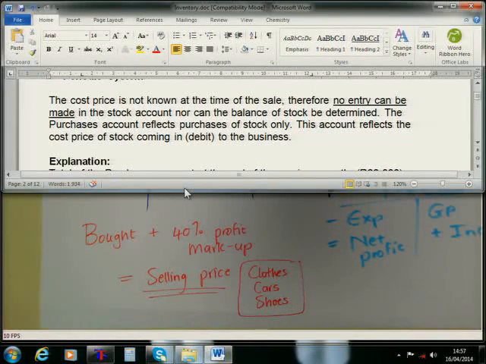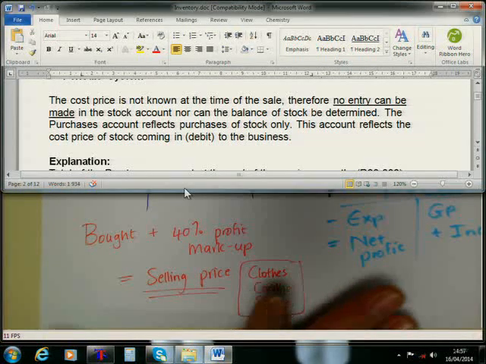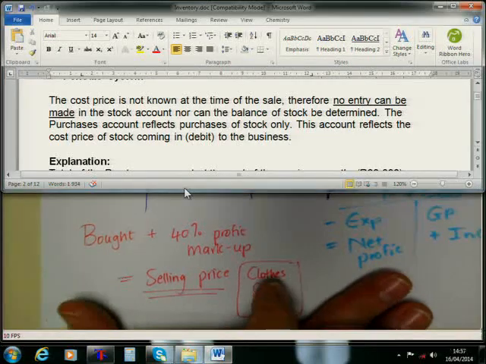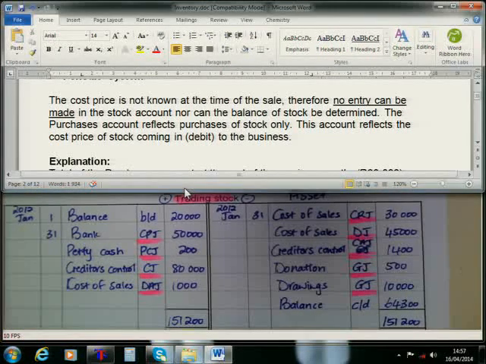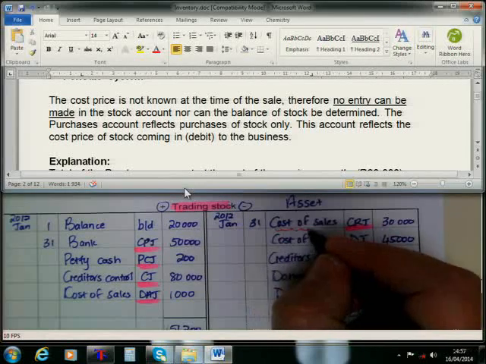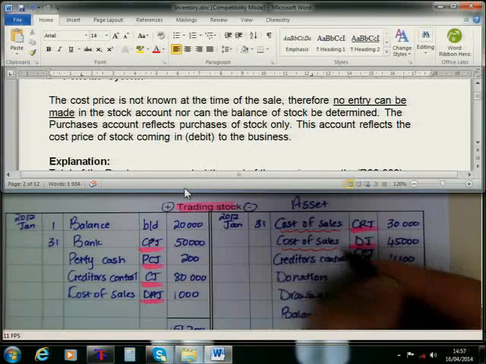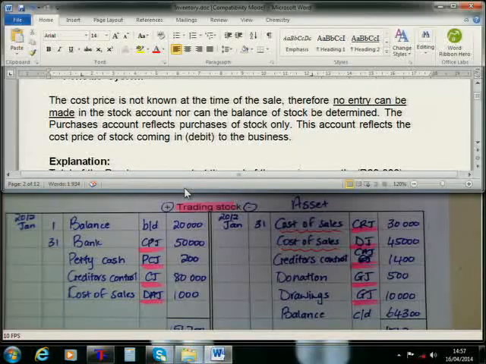So then you use the perpetual system, because remember, what is very important about the perpetual system: every time that you sold, you need to take the sales out of your trading stock account at cost price. And because of the 40% profit markup, you know what the cost price is.